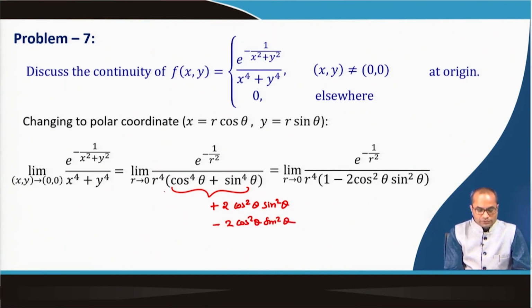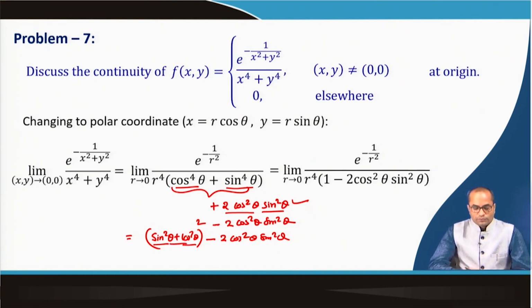So, first these three terms cos⁴ θ, sin⁴ θ and 2 cos² θ sin² θ will become (sin² θ + cos² θ) whole square, because that will be the square of this: sin⁴ θ is there already, then the square of cos² θ, that is cos⁴ θ, and plus 2 times the product, that is also there, and then we have this minus 2 cos² θ sin² θ. And sin² θ + cos² θ we know is 1.